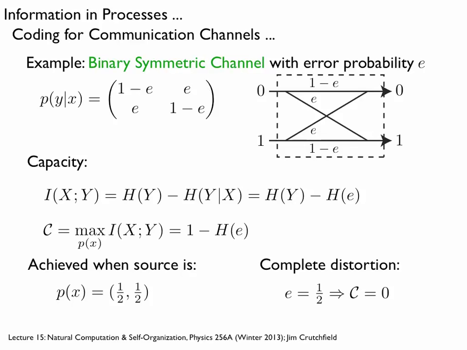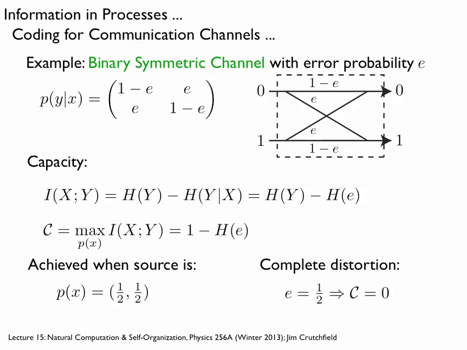It's a symmetric channel, so you could argue that the maximum entropy on the output would be when it looks like a fair coin, so that'll be 1 bit. So this is our channel capacity here: 1 minus the binary entropy function of the error probability e. And well, you can check. It would be complete distortion if the error here were 50-50.